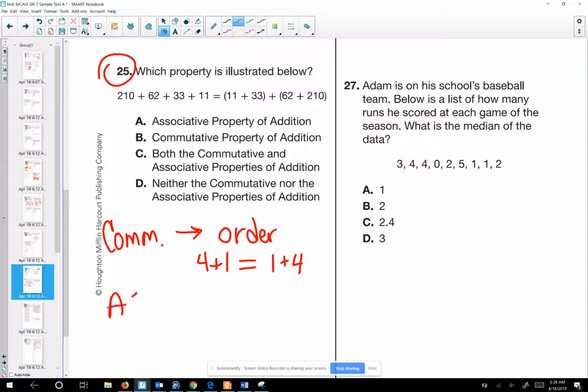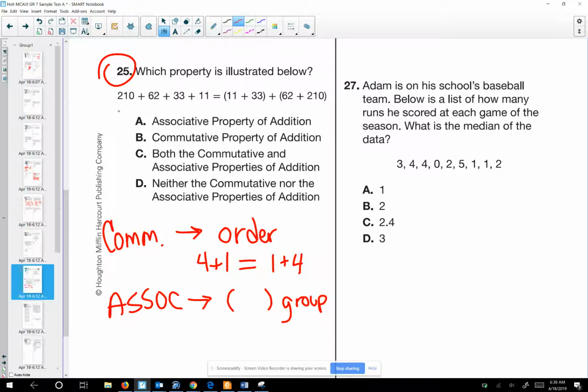The associative property means this. You can group things in a different manner than just going straight left to right if you have a bunch of addition or multiplication. So usually that means you're looking at different ways to group, and parentheses usually set aside that we're going to do these 2 together rather than going left to right.